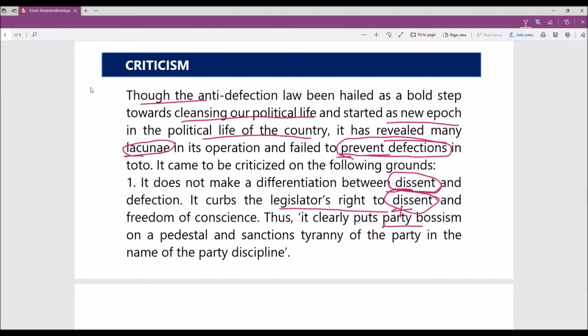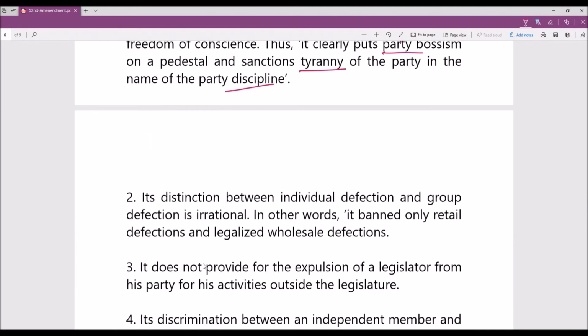The party says vote in favor of this bill. Say what we say. You cannot say anything we don't want you to say. It is a sanction of tyranny, the tyranny of the party in the name of party discipline. So in simple terms, it does not differentiate between dissent and defection, and party bosses are there, so the anti-defection law is not that effective.